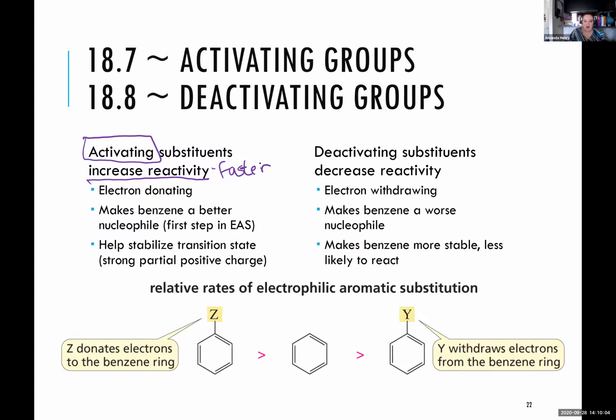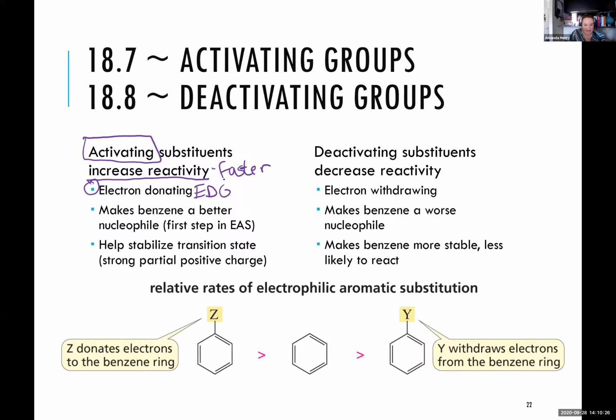And our activating substituents are all electron donating groups. And again, we're going to talk about how they donate those electrons and what groups fall into that category over the handful of our next slides.